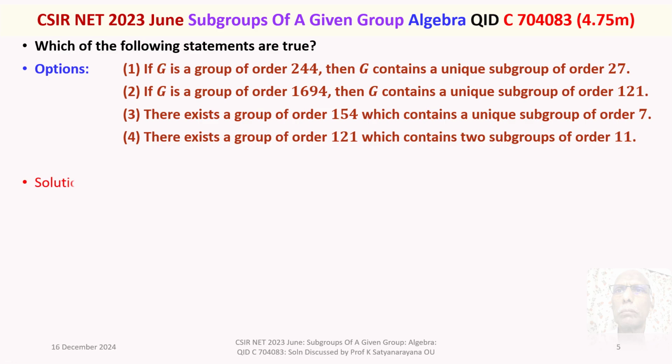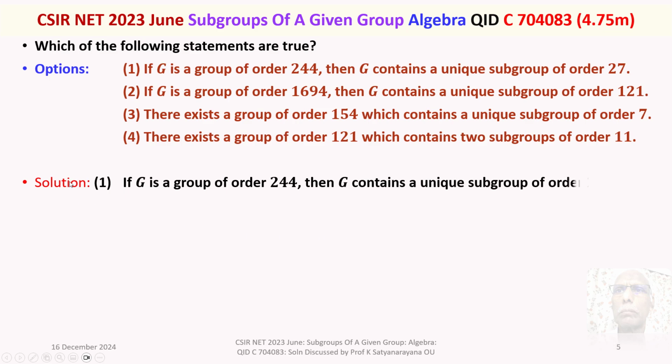Let's now discuss the solution of the problem in detail. We take the first option. Option 1. If G is a group of order 244, then G contains a unique subgroup of order 27. So we have a group G of order 244. Right. The question is, will G contain a unique subgroup of order 27?